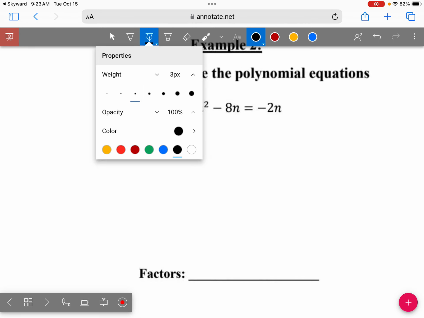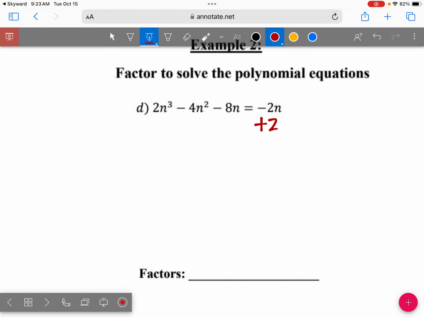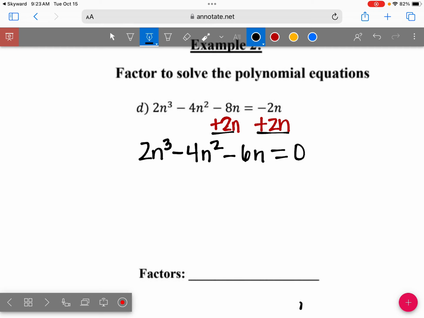And I need to add that to my like term, which in this example would be the -8n. So that would be 2n cubed minus 4n squared. -8 plus 2 is -6n. So now it equals 0.